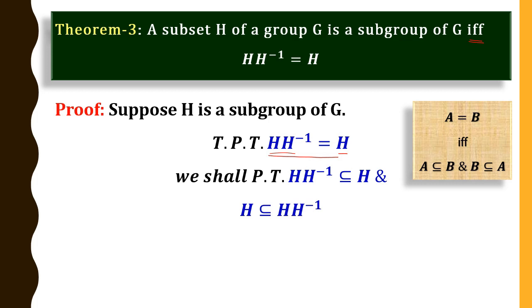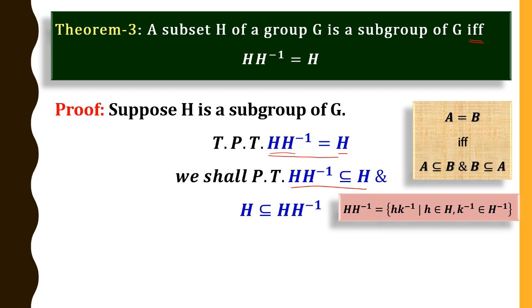Now we shall prove the first one, that is HH inverse is a subset of H. But what is HH inverse? HH inverse is the set of all elements of the form hk inverse, where h belongs to H and k inverse belongs to H inverse. You can consider HH inverse as the set of all elements of the form h1 h2 inverse, where h1 belongs to H and h2 inverse belongs to H inverse.